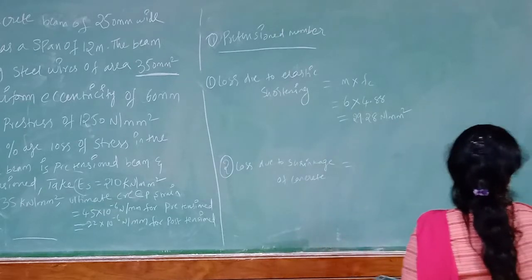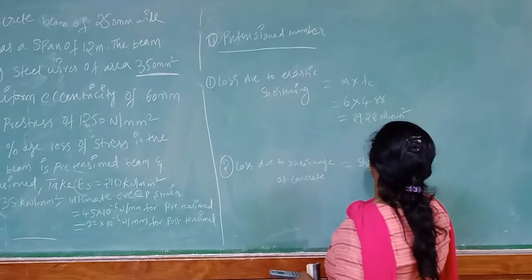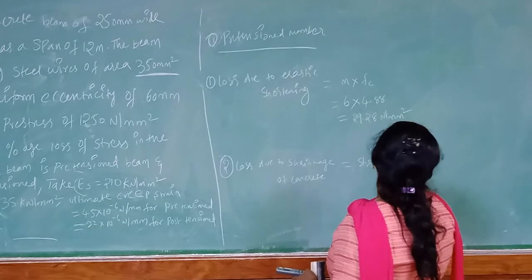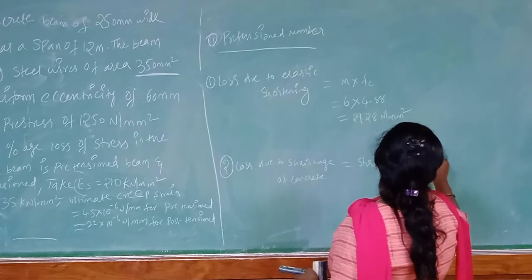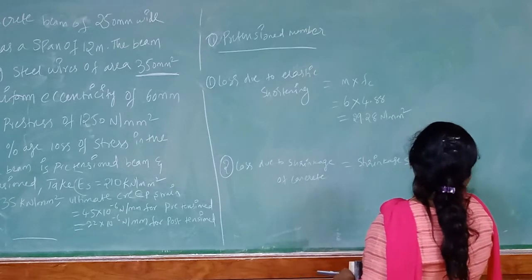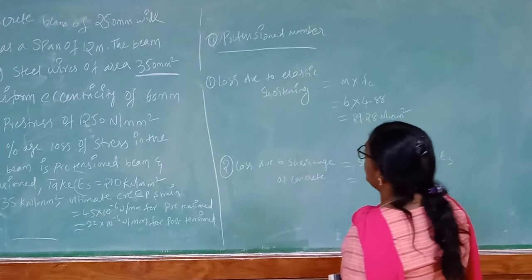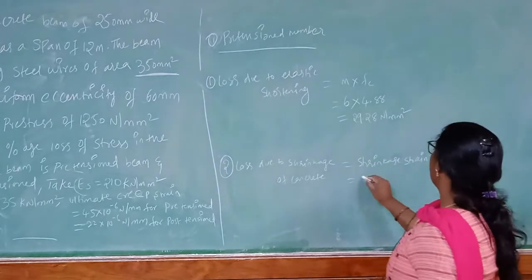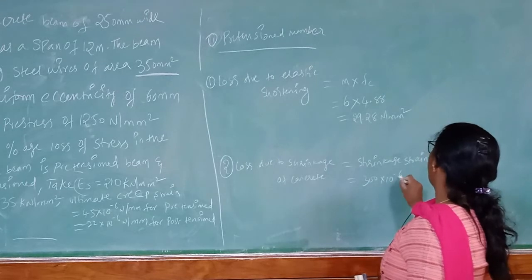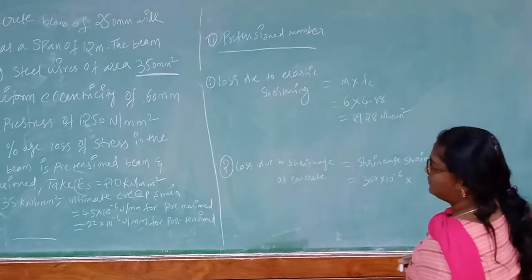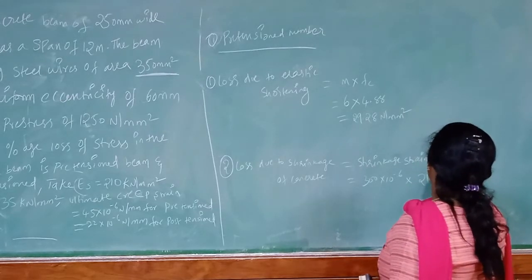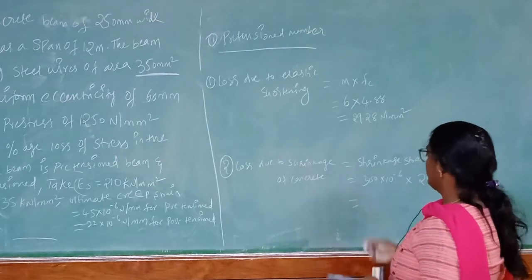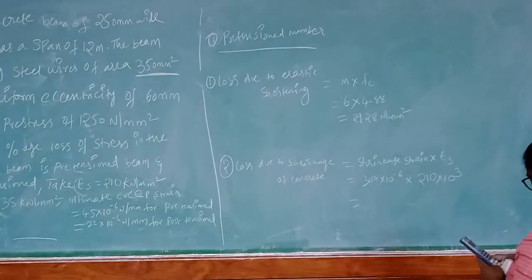The loss due to shrinkage of concrete is the shrinkage strain, which has already been given in the question, into the Young's modulus of steel. What shrinkage have they given? 300 into 10 to the power minus 6 into 210 into 10 to the power 3.